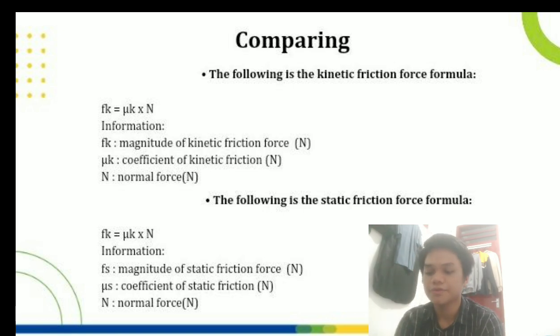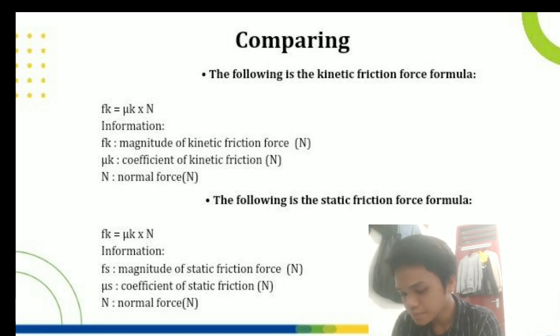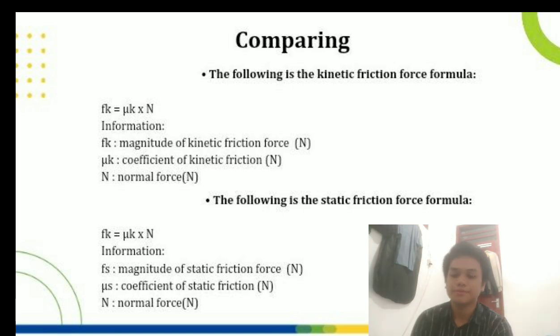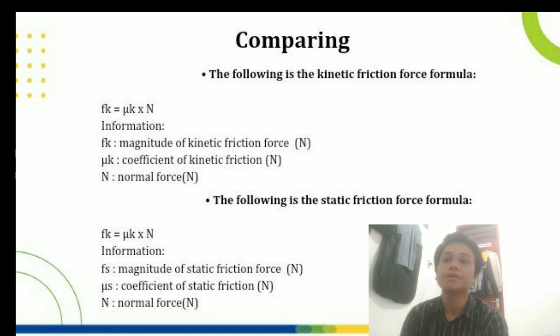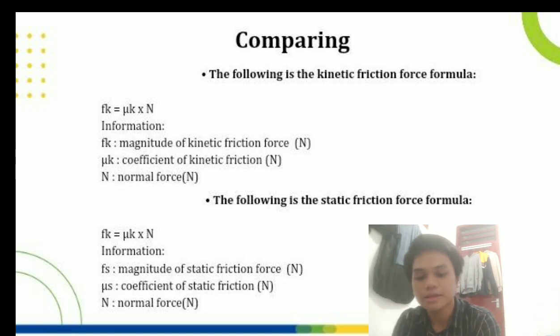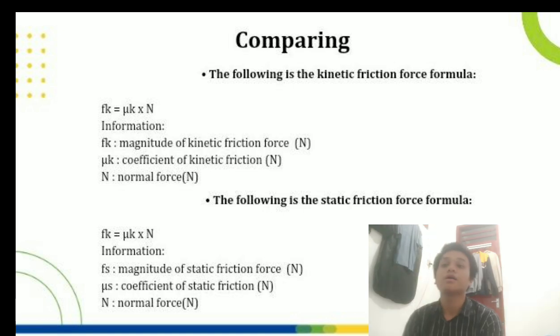The coefficient of kinetic friction is generally denoted by the magnitude of the coefficient of static friction, and is usually always smaller than the static friction force on the same material. The kinetic friction formula. Because kinetic friction works when the contact surfaces slide against each other. In contrast to static friction, kinetic friction acts on moving objects.